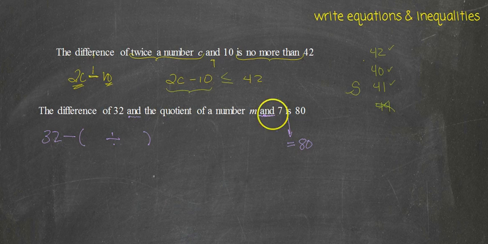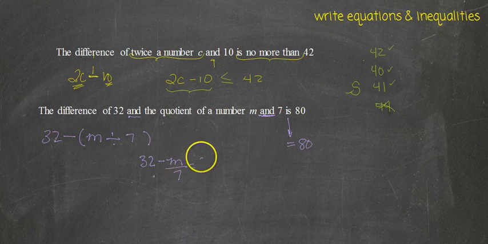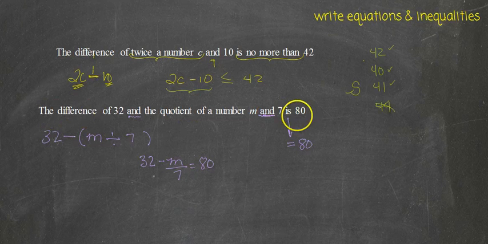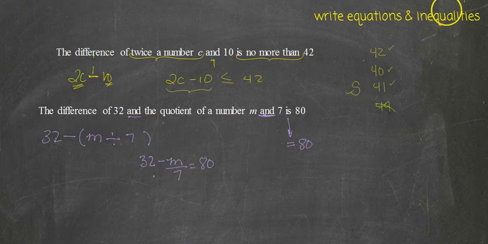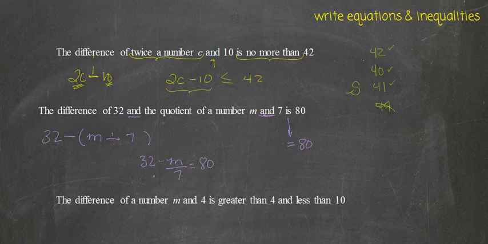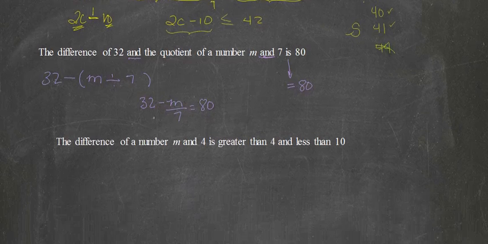Of a number m and 7 equals 80. So now I can put it all together: 32 minus m divided by 7 equals 80. So now I've converted a word sentence into a number sentence.